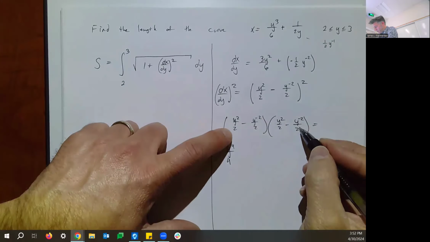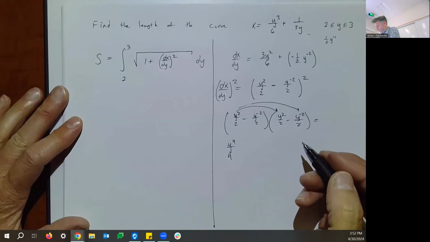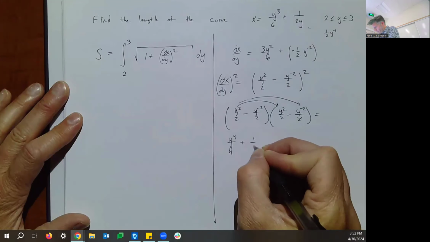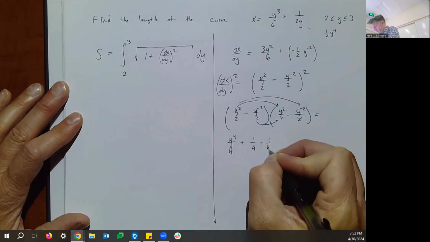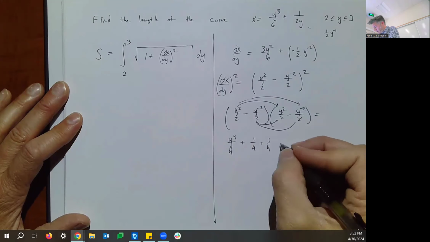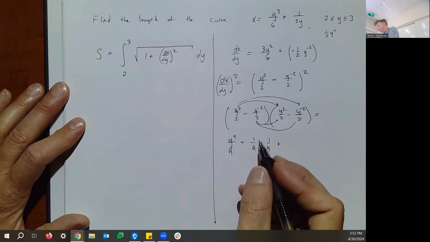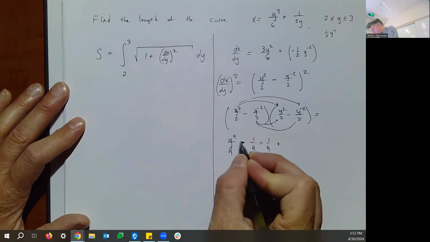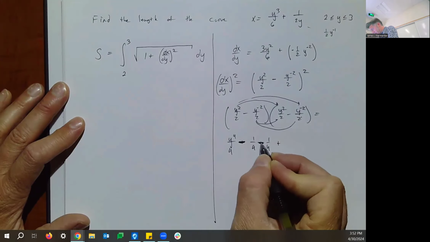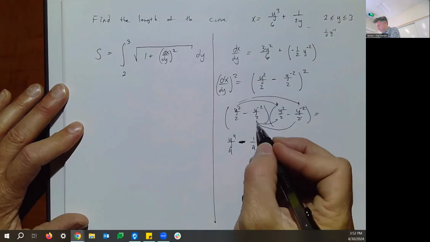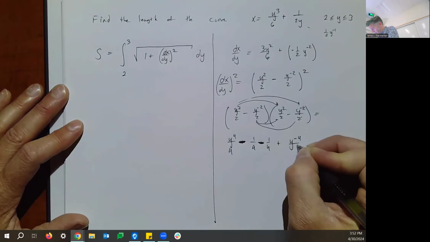These two terms multiply, so let's actually draw that here. That times that is going to be y to the 0th over 4. And that times that is also going to be y to the 0th over 4. Oh, sorry, I made a small mistake here. This should be negative y to the 0th over 4 and then negative y to the 0th over 4. Sorry. And then finally, that times that is going to be a positive y to the negative 4th over 4.